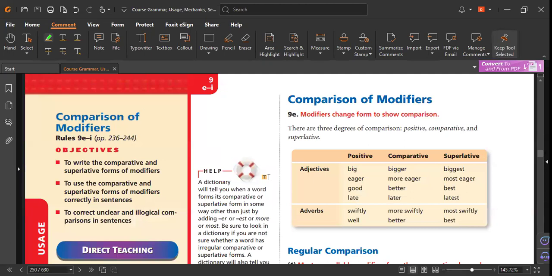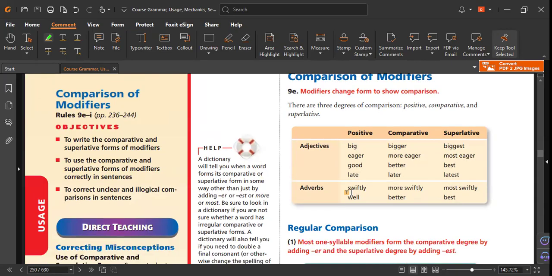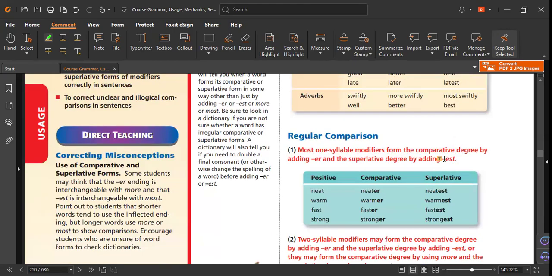Then we have traps for comparison modifiers. It's very simple. If I said "good," it must be better or best. But check: do we have positive, comparative, or superlative? Check the meaning. Do we compare between two things? It's comparative. Superlative, so superlative. It's so easy.